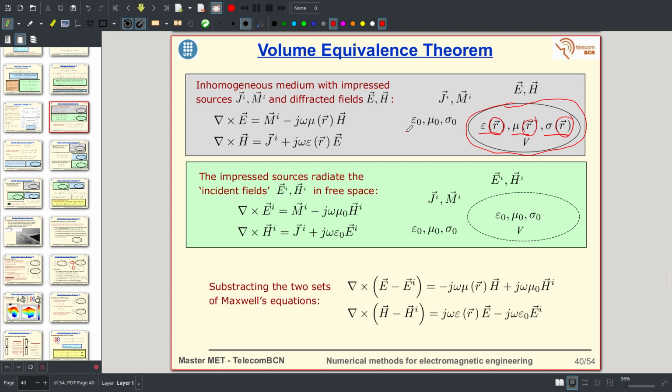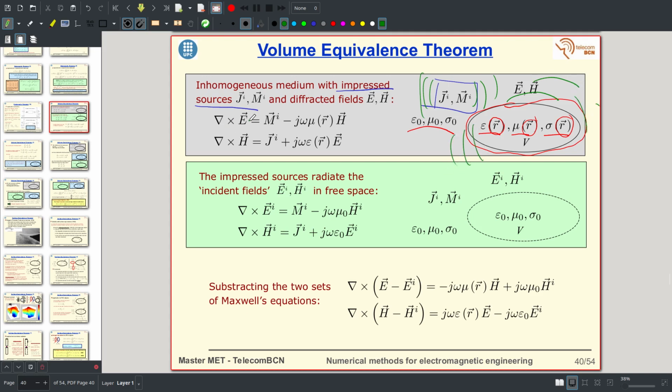And outside the object, we have free space. Then we have some currents that are called impressed sources. These impressed sources are the sources that introduce power in the medium. So these impressed sources radiate some fields, or produce some fields if it is near field and not far field. And these fields are diffracted by the object.